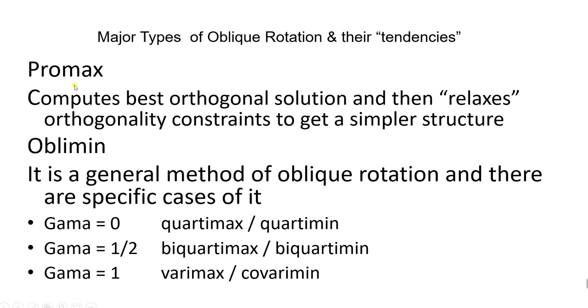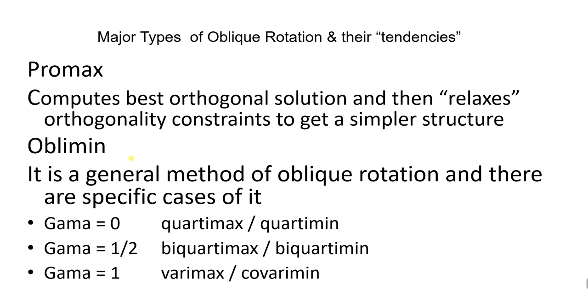One is Promax. Sometimes it is also called Promax power rotation. It computes the best orthogonal solution first and then it gradually relaxes the orthogonality constraint to get a simpler structure. Basically, it is a three-step process.